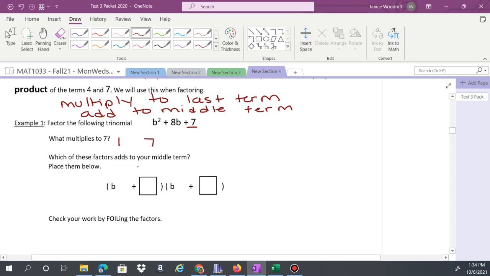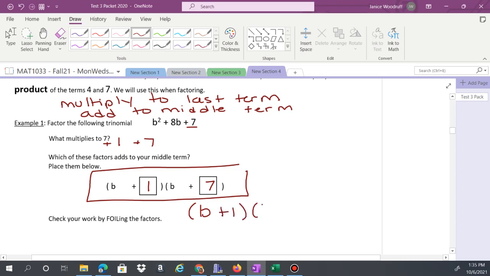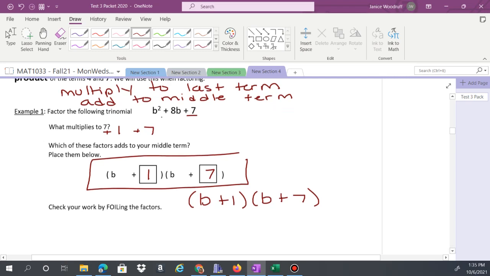Does that add to 8? Yes, positive 1 plus 7 is positive 8. So I do (b plus 1)(b plus 7). That's it. You find the numbers that multiply to 7 and add to 8, 1 and 7. Then we can check by FOILing this out. If we get back to our original problem, then we did it correctly.